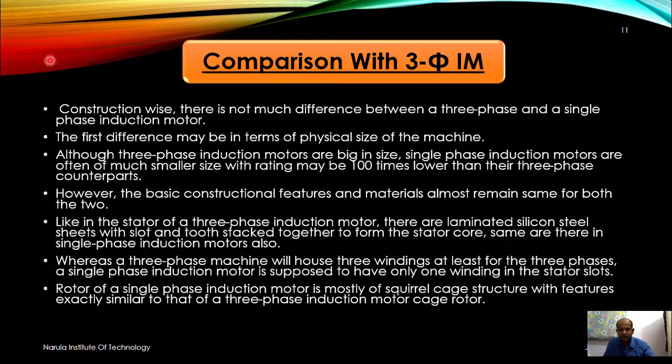Like in the stator of a three-phase induction motor, there are laminated silicon steel sheets with slots and teeth linked together to form the stator core, and the same is there in the single-phase induction motor also. But the major difference is that the single-phase induction motor size is 100 times smaller than the three-phase induction motor.